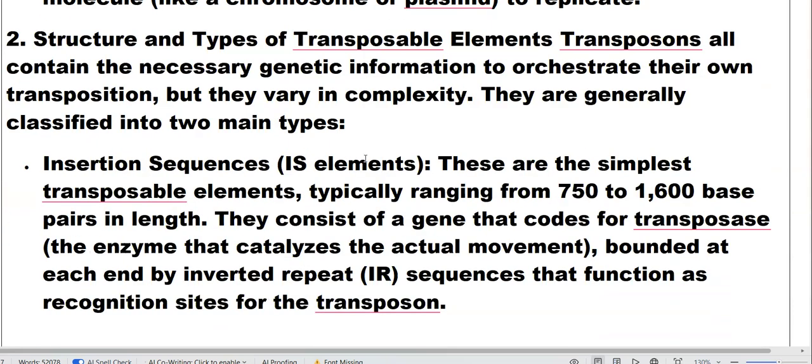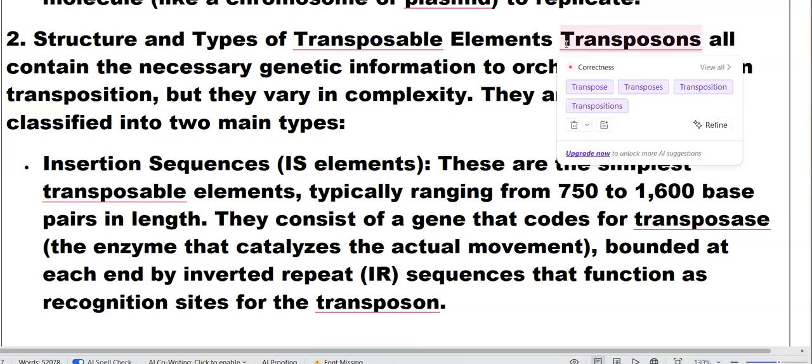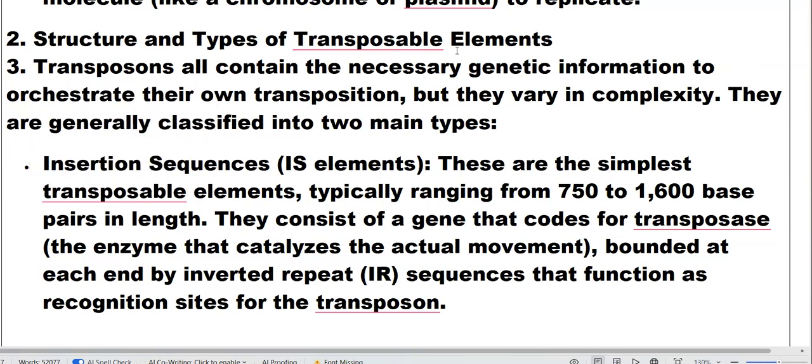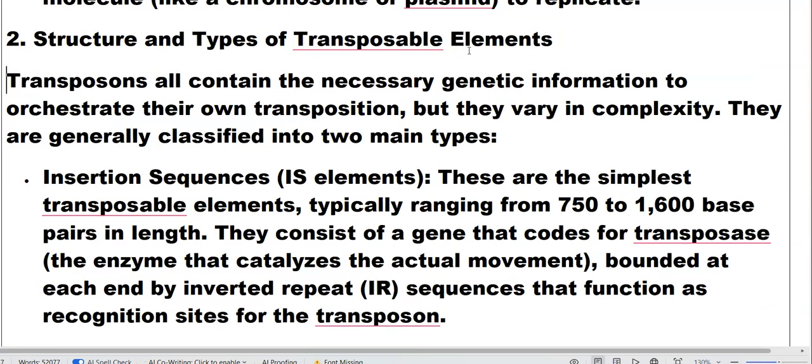Structure and types of transposable elements. Transposons all contain the necessary genetic information to orchestrate their own transposition, but they vary in complexity. They are generally classified into two main types: insertion sequences, or IS elements.